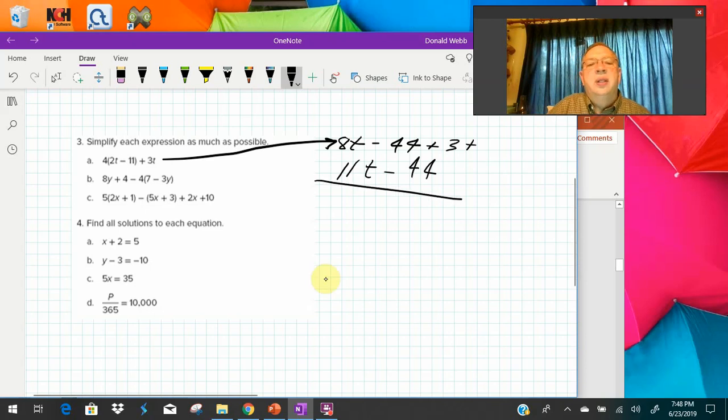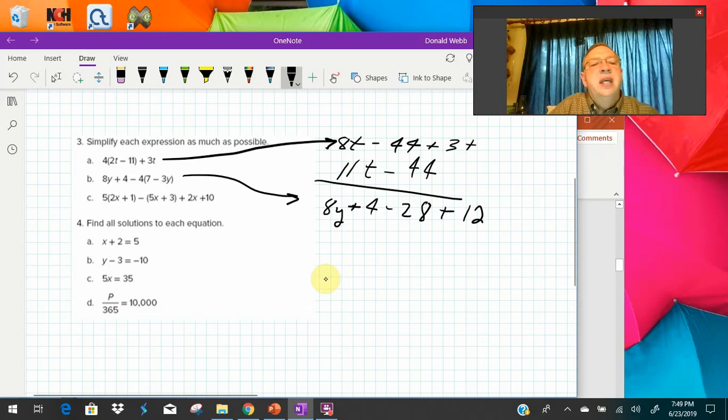Okay, so I draw a line. Here, 8y plus 4, so that we can't do anything with that. I'm just going to copy those over right now. I'm going to expand the next expression with the parentheses, negative 4 times 7 minus 28, and negative 4 times negative 3. 4 times 3 is 12. We have to change the sign.